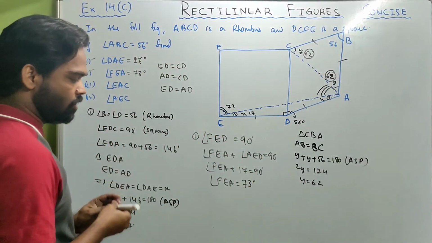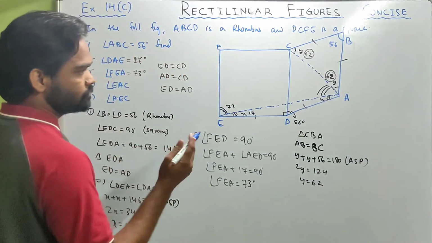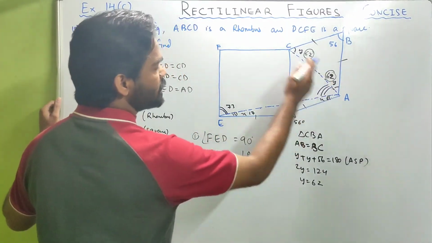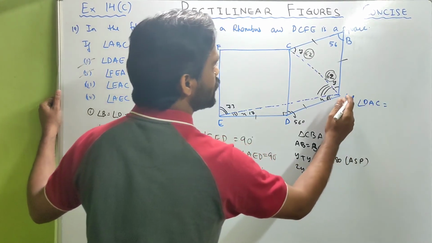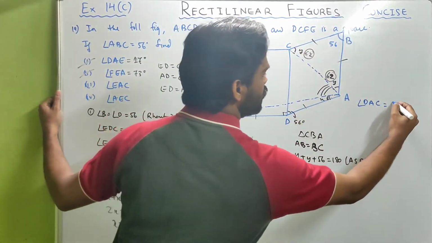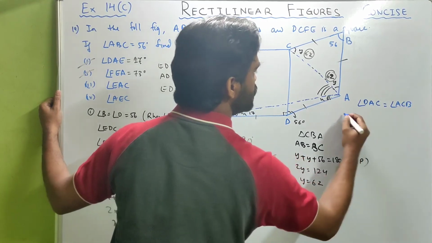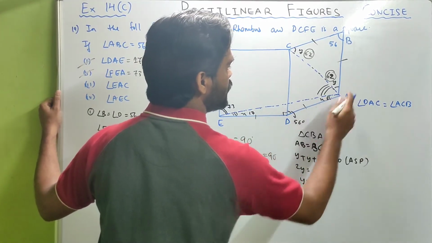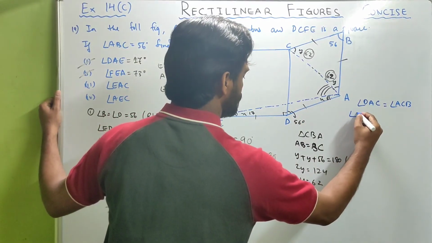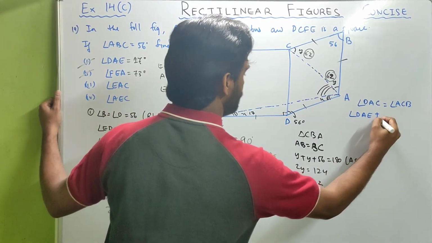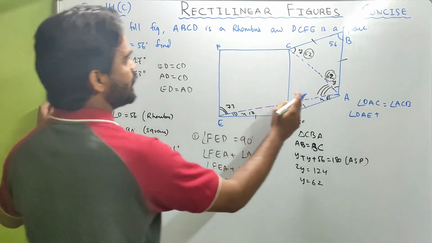Now look carefully. Angle DAC is equal to angle ACB, alternate angles. So angle DAC again we can split into DAE plus EAC.